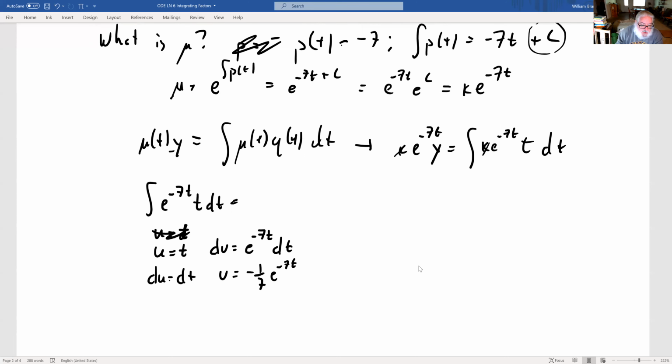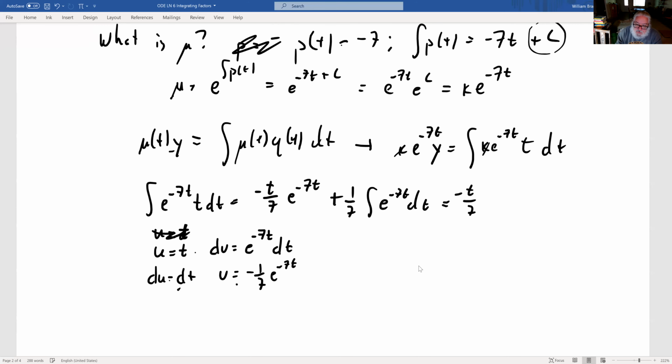And so this becomes u times v, minus t/7 e to the -7t, minus the integral of v du, with the minus signs giving me a plus 1/7 times the integral of e to the -7t dt, and that finally becomes minus t/7 e to the -7t plus 1/7.